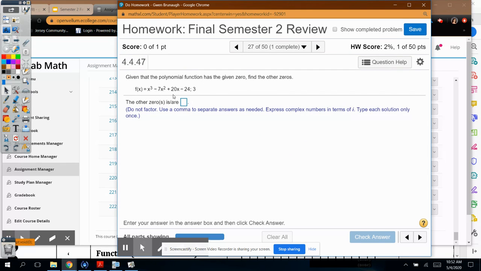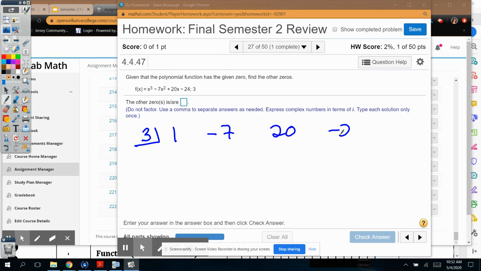They want us to find the other zeros. We are going to use division, maybe. Maybe we'll go to our calculator, or maybe we'll do division. If 3 is a 0, you can put the 0 in the box. I'll do division first. And that gives me 1, -7, 20, and -24. Then you have your party.